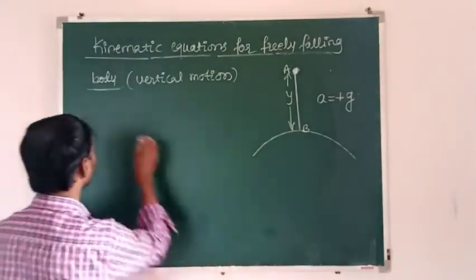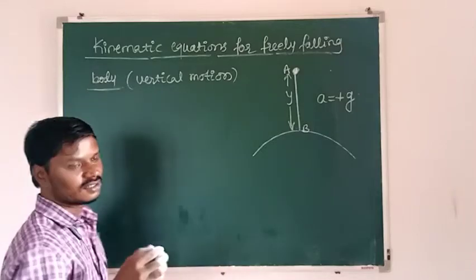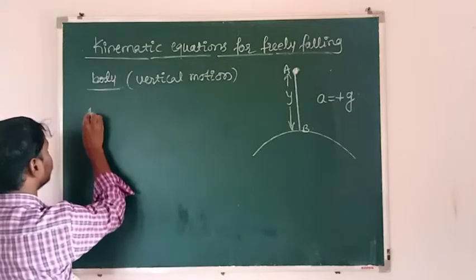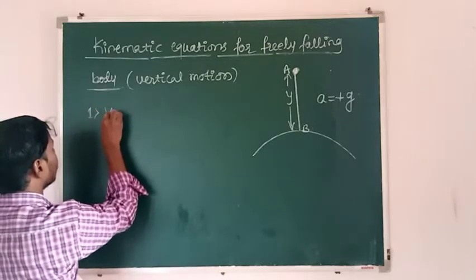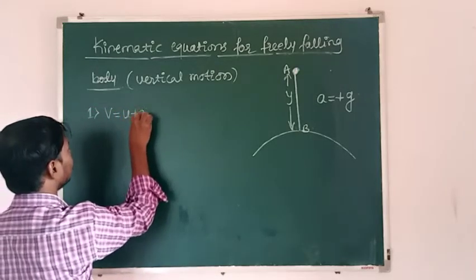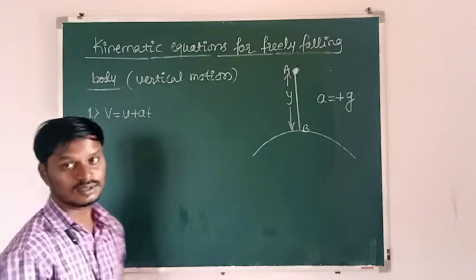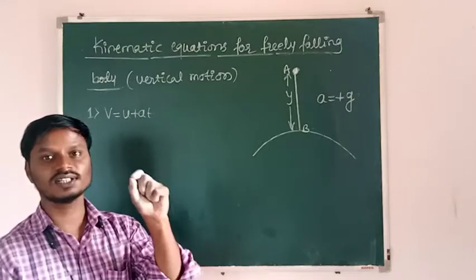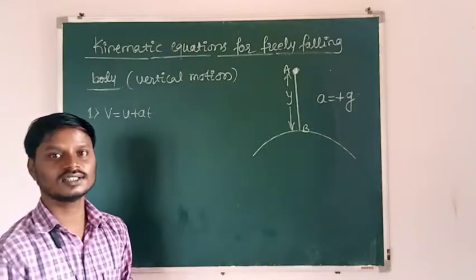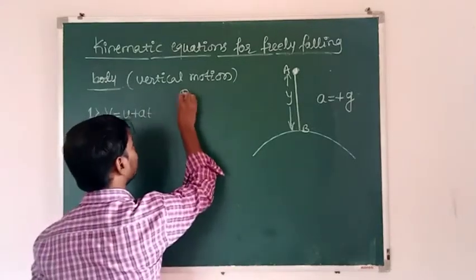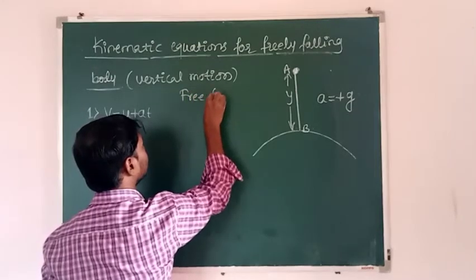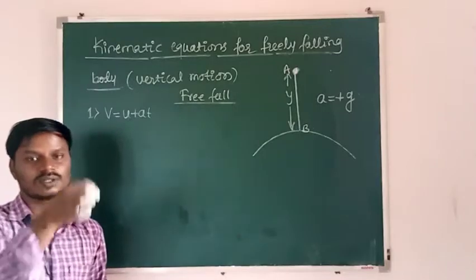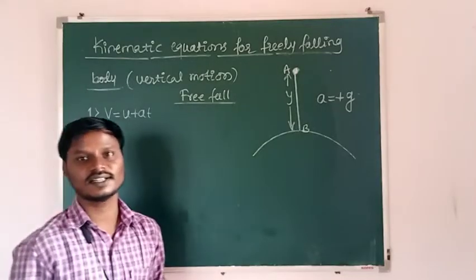Okay, then we already know that there are 3 standard kinematic equations. What are those? First one, v is equal to u plus a into t. But in vertically downward motion, or in free fall, what are the kinematic equations? Free fall means vertically downward motion where air resistance is neglected.